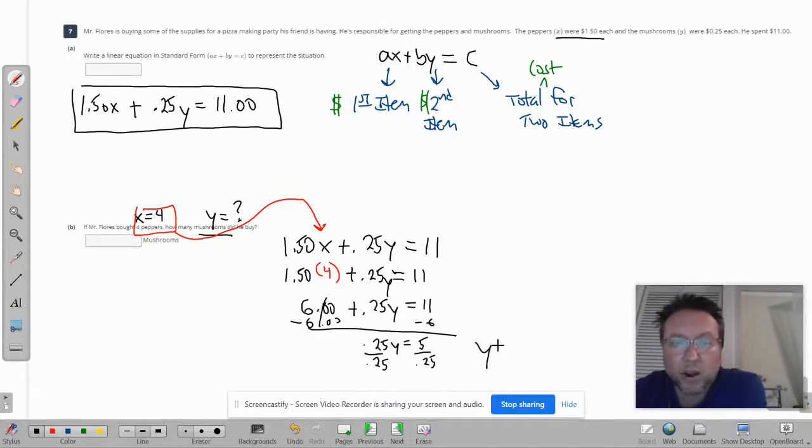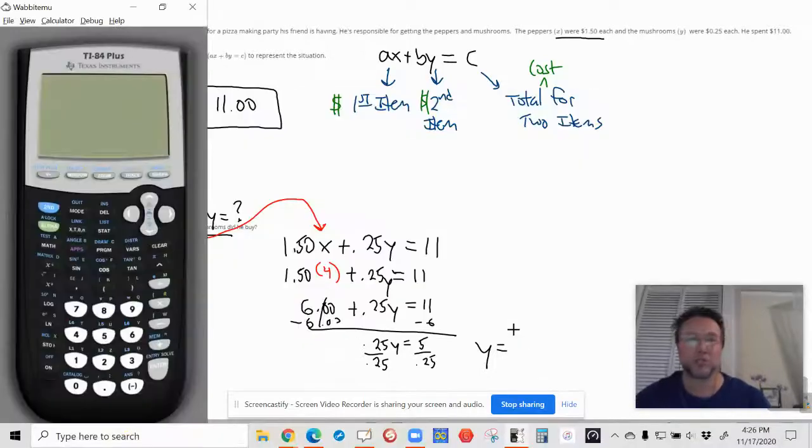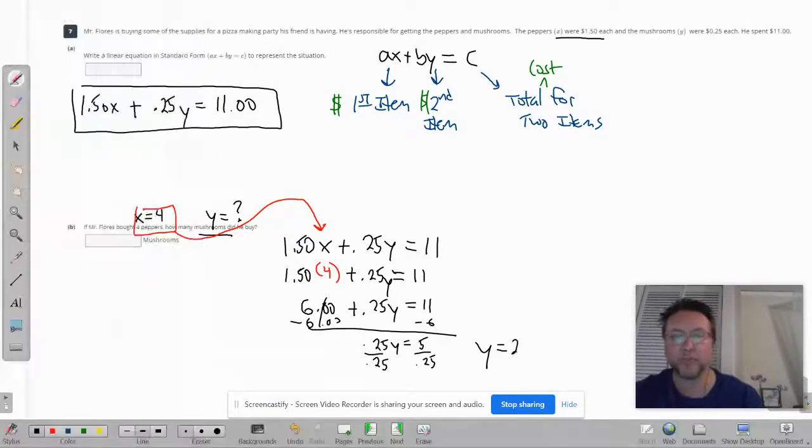And Y would equal, just to be safe, let's put that in. 5 divided by 0.25, and we get 20. So that means that Mr. Flores bought 20 mushrooms.